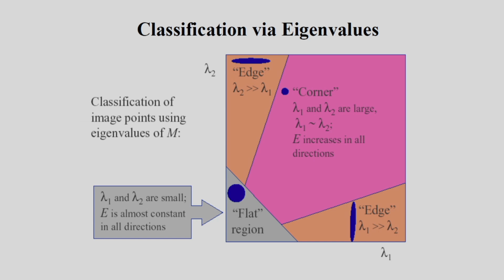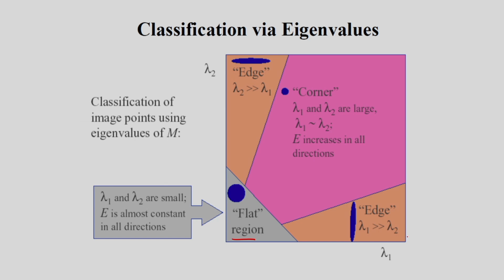Eigenvalues means, if I consider the ellipse, the major axis of the ellipse corresponds to the eigenvalue lambda 1, and the minor axis corresponds to the eigenvalue lambda 2. Corresponding to the flat region, lambda 1 and lambda 2 are small, and E is almost constant in all the directions.